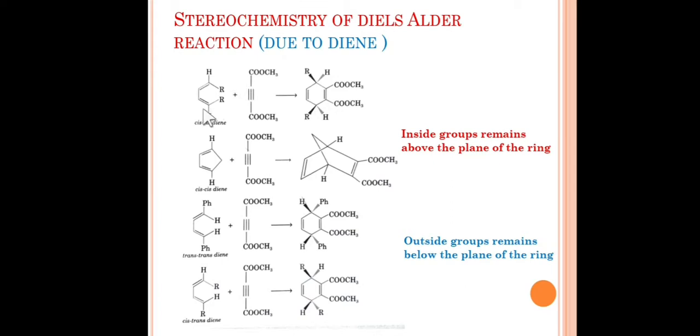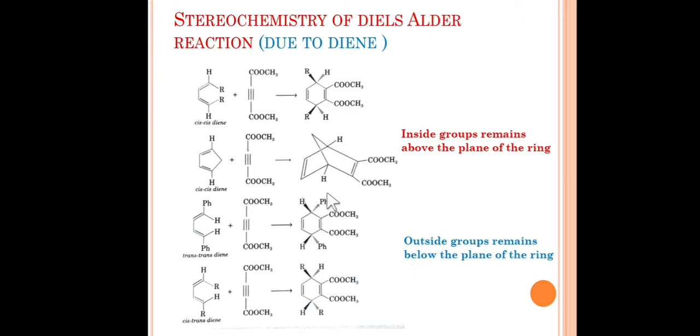Consider that if we have inside group, this is called inside group, R inside, so they will always go above the plane. We can see here R, and the outside group will remain below the plane. In the second example, we have CH2 group above the plane and H, H below the plane. Ph is outside, so the outside group always remains below the plane.